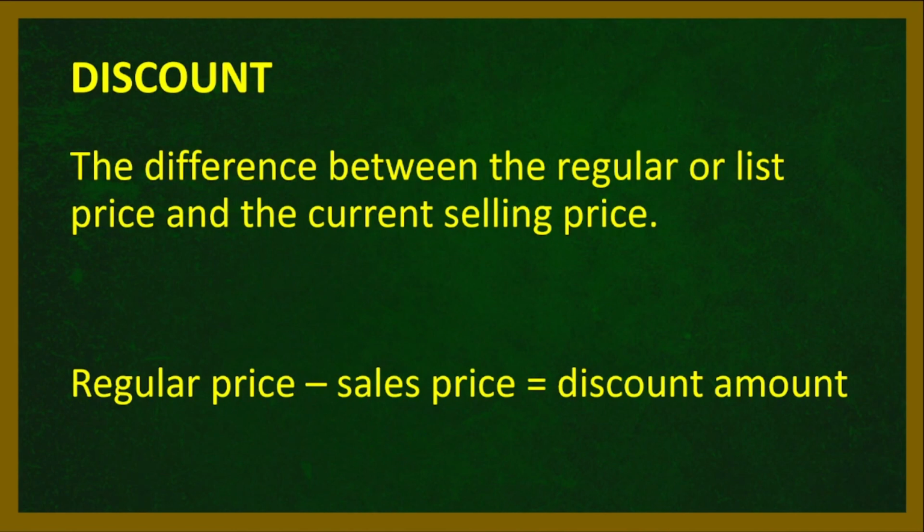Moving right along, let's look at the discount. Discount is the difference between the regular or list price and the current selling price. So that's simply the regular price minus the sales price. That's how you get to the discount amount.